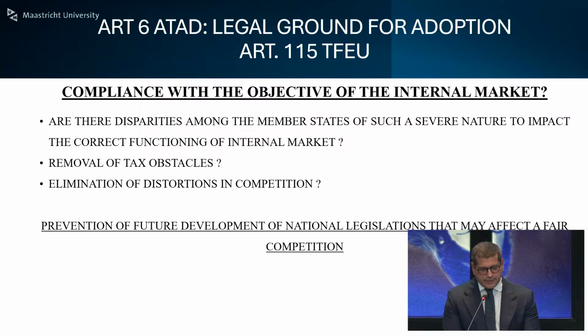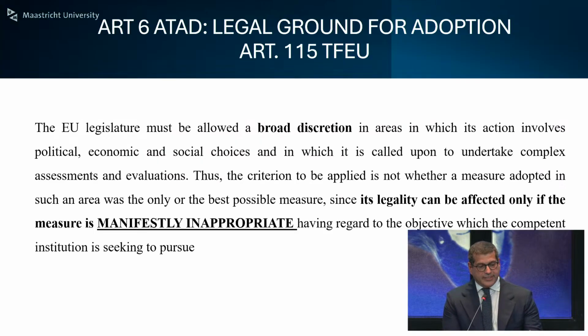So the only element that I consider the Court could accept, in case of a ruling regarding the validity of the article with Article 115, is the purpose to prevent the uncoordinated implementation in the EU of anti-avoidance rules. This is because the Court of Justice has held that the EU enjoys a very broad discretion regarding the adoption of harmonizing measures.